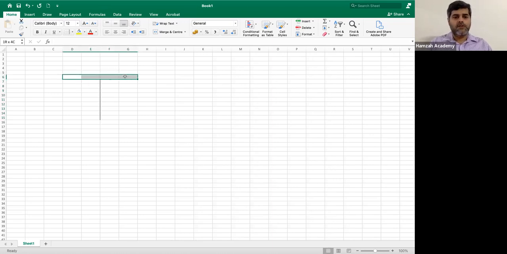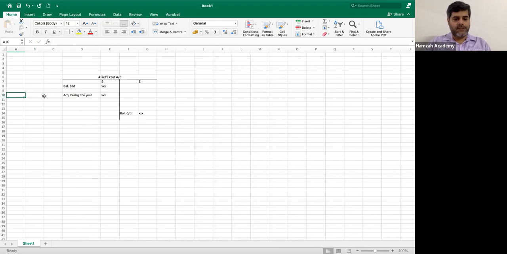Okay, so this is the asset's cost account. Obviously, as it's an asset, it's going to have a balance brought down over here on the debit side, and balance carried down is going to be on this side. Then we have acquisition during the year. It's going to be on the debit side, and the double entry for this is debit asset, credit cash.